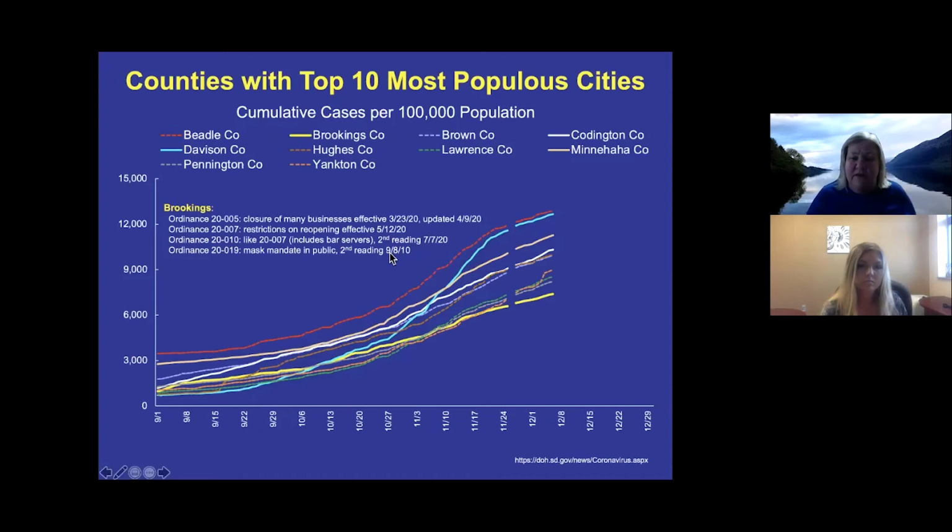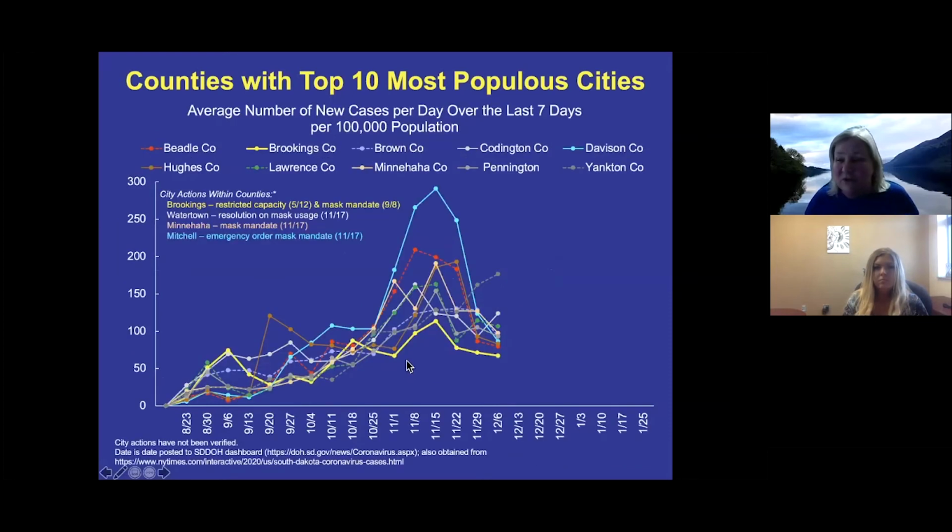There have been some of these counties that have implemented some sort of mask mandate, resolution, or recommendations, and they are the ones that are in solid lines. So like Davison just implemented something back in here, and most of them are around November 17th, the middle of November, when these cases were really going up.